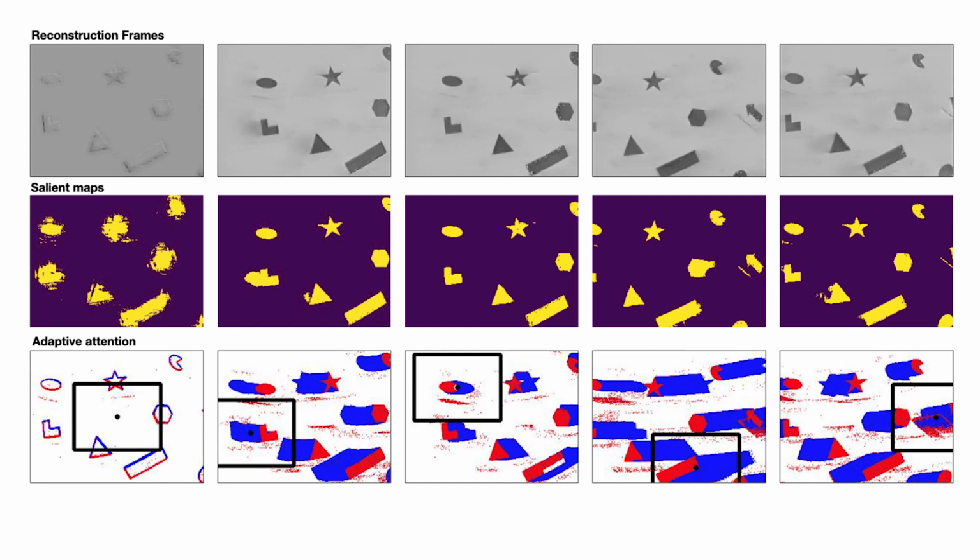For each reconstructed frame, a salient map was calculated and used to derive attentional zones. The salient map was calculated using thresholding. Adaptation was also utilized to allow the camera to switch between the zones, thus allowing the system to focus on the different shapes throughout time.